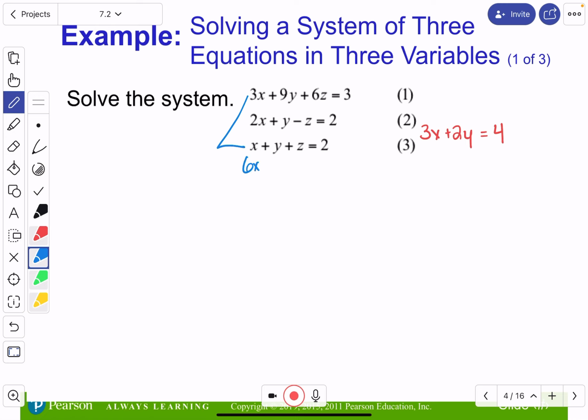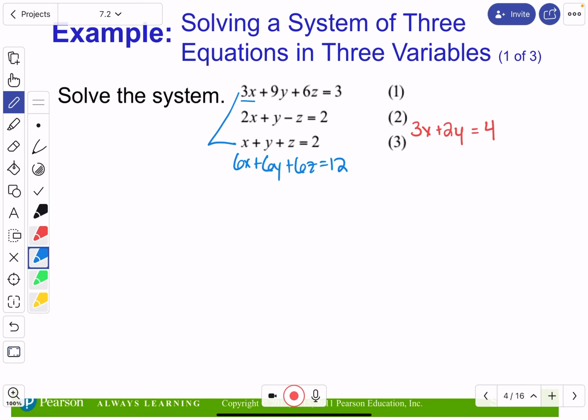So it'd be 6x plus 6y plus 6z equals 12. And then we are going to subtract. So 3x minus 6x is negative 3x. 9y minus 6y is 3y. 6z minus 6z is 0. And 3 minus 12 is negative 9.